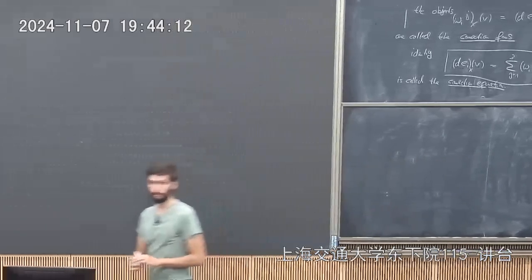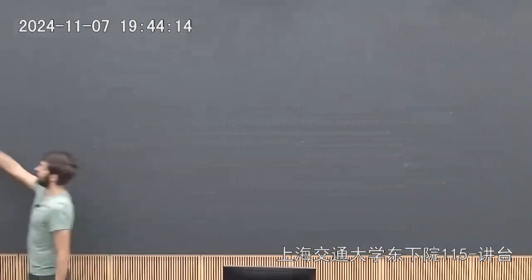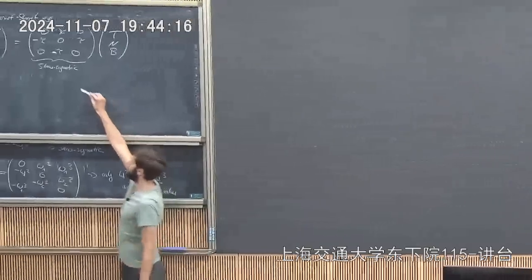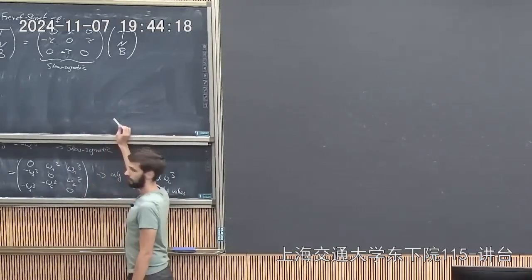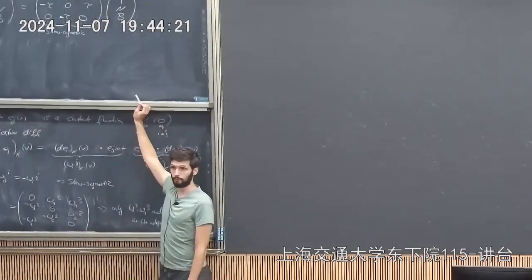What are the two differences between this skew symmetric matrix and this matrix of connection forms?